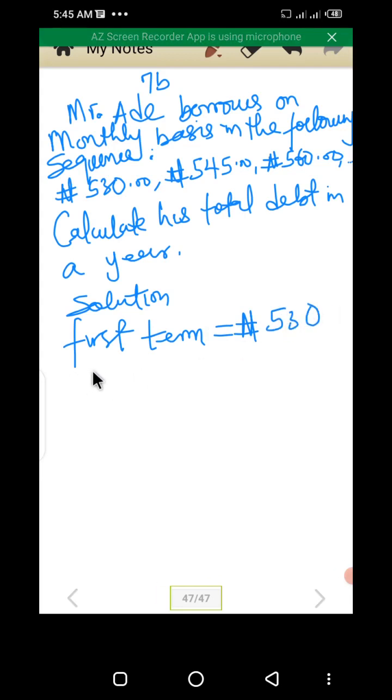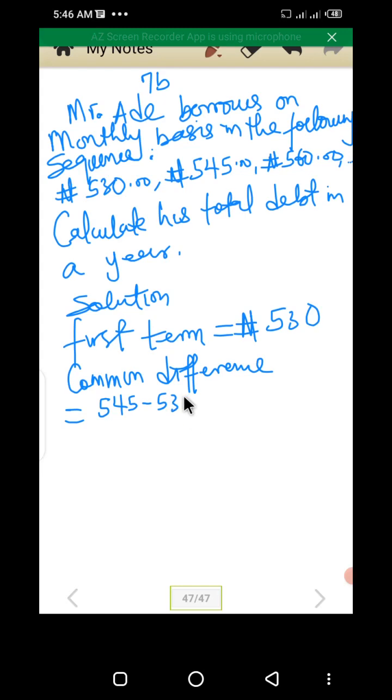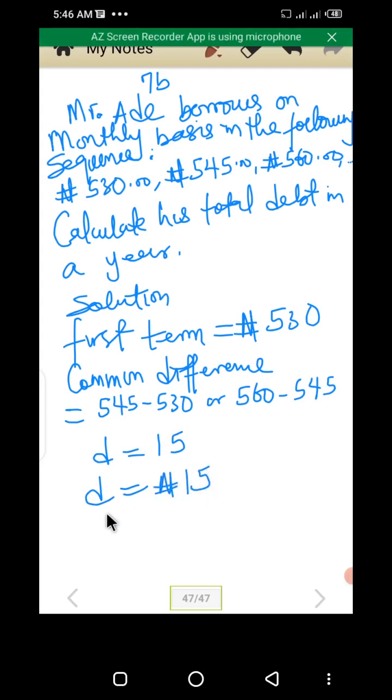The common difference can be found in two ways: 545 minus 530, or 560 minus 545. So the common difference is 15 naira, the amount by which his monthly borrowing increases.